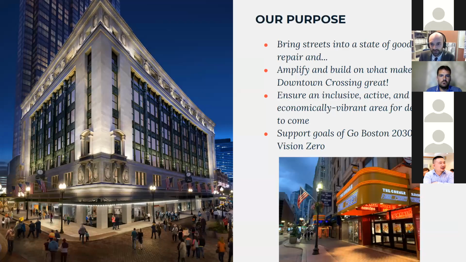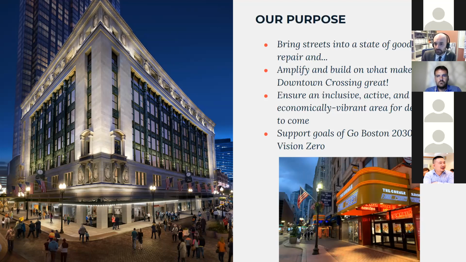So, the purpose of this project, I put this as to bring the streets into a state of good repair, because, at the most basic level, this is about fixing some of the issues with the existing streets. But now is the time, if we're going to be rebuilding any of these streets, to think about whether we want to put them back in a way that's a little bit different and better than what was there before.